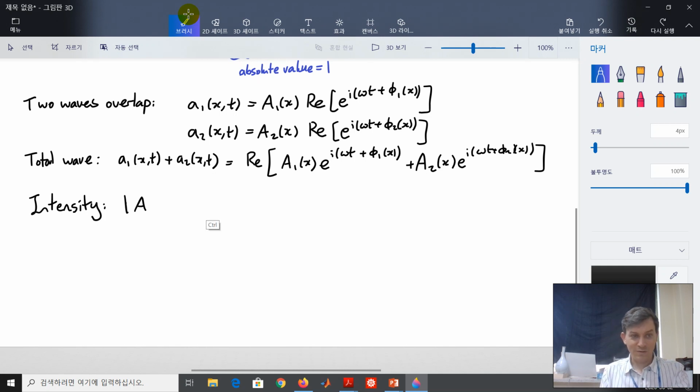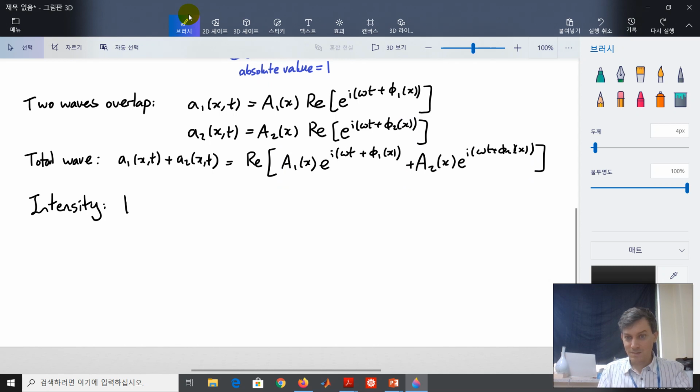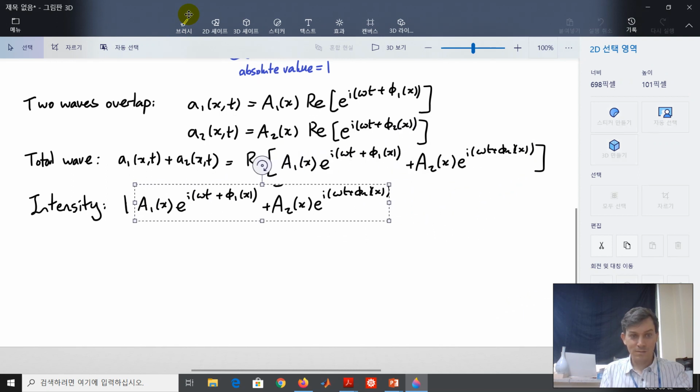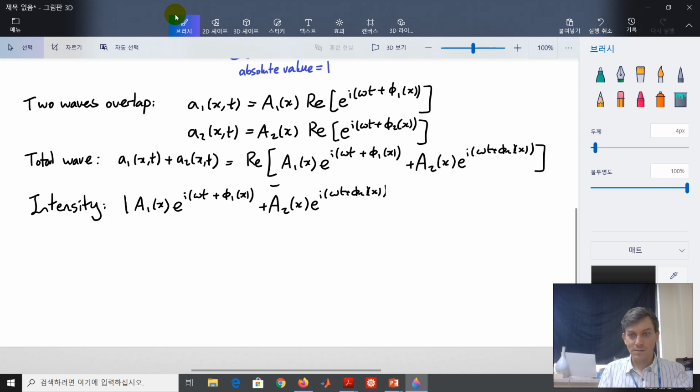Let me just copy and paste it to save a bit of time.